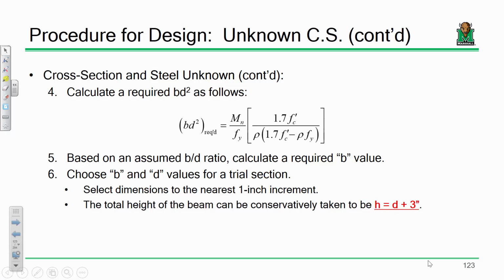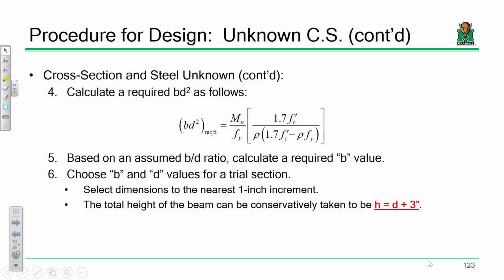Somebody is going to go to Home Depot or 84 Lumber and buy some lumber to create formwork for these beams. So I am not going to tell a contractor that beam needs to be 14.386 inches wide. I'm going to keep it simple, say it's 14 inches, 15 inches, 16 inches. I usually set my beam dimensions to 1 inch increments just to keep it simple.